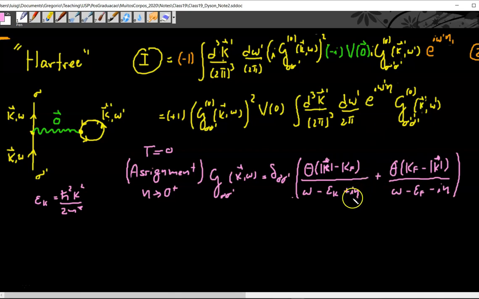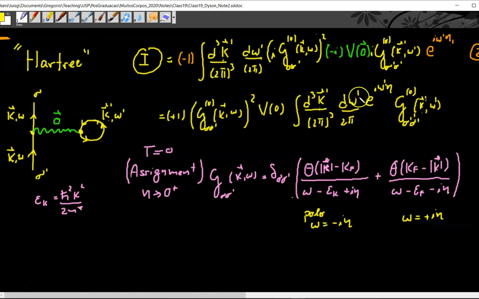Okay. Now notice, and this is crucial for us, that the sign of this imaginary part is opposite in these two terms. So the poles here occur at omega equals minus i eta. So these are poles slightly below the real axis, and here they occur at plus i eta.